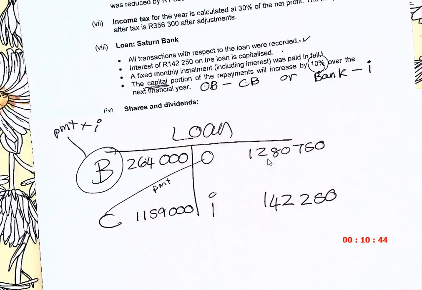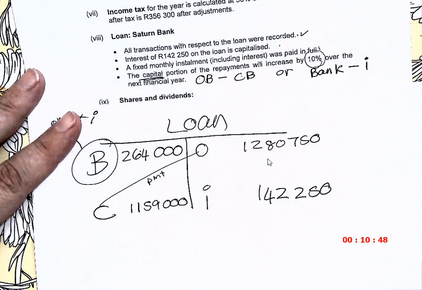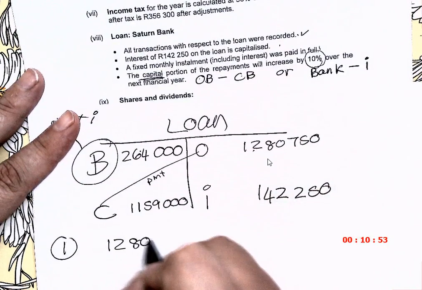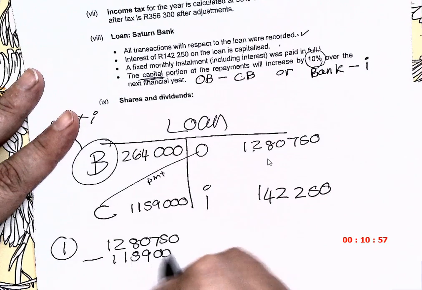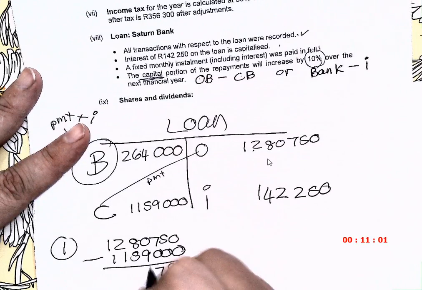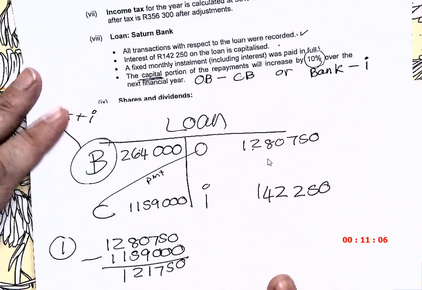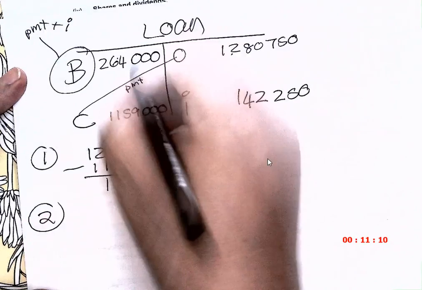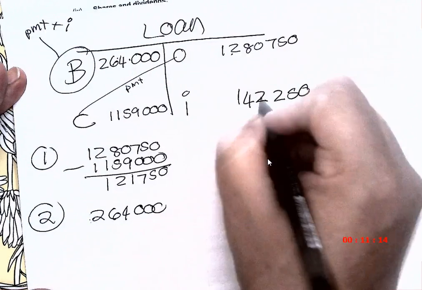Okay, so first method, I want to see what did I pay off on the loan itself. Is I take the opening less the closing, and that gives me what? Okay. Second method is I take the bank and I subtract the interest.